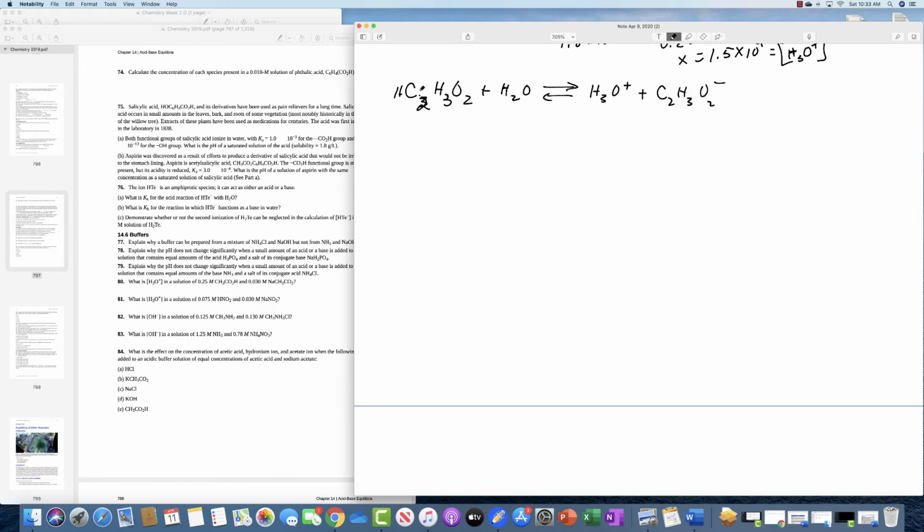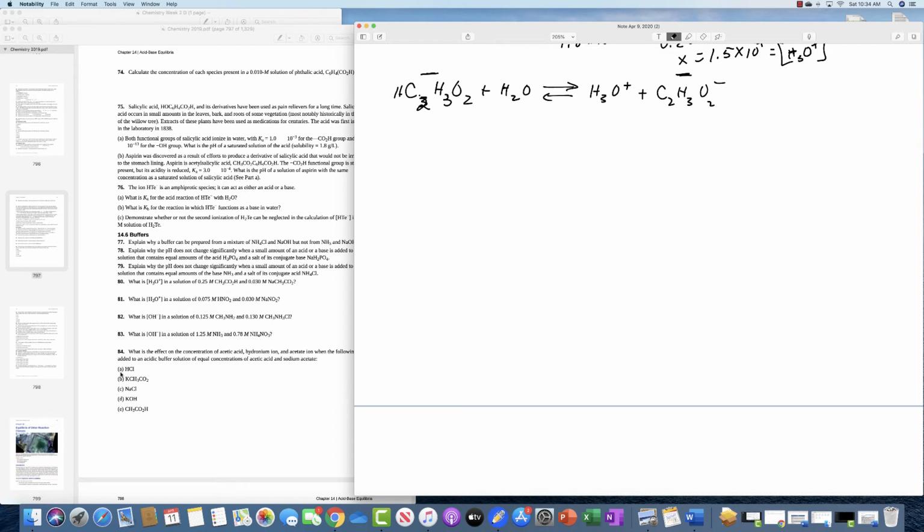So this is the buffer solution, and you have a certain amount here and a certain amount here, okay? Which is not unlike the previous problem we just did. And the question is, what happens to the various concentrations when you add these certain things? What happens to the acetic acid concentration? What happens to the hydronium ion concentration? And what happens to the acetate ion concentration?